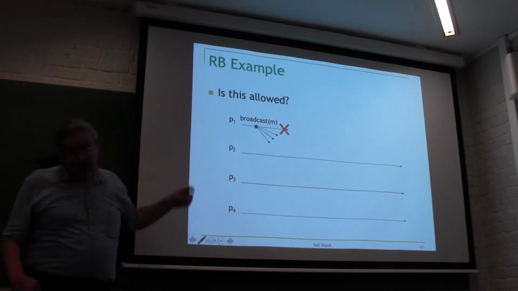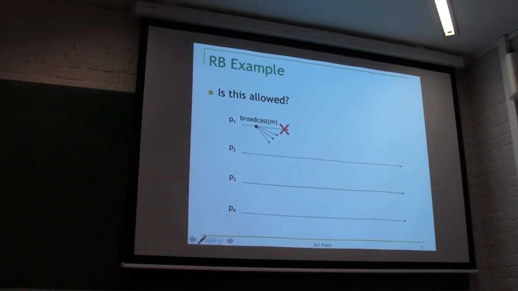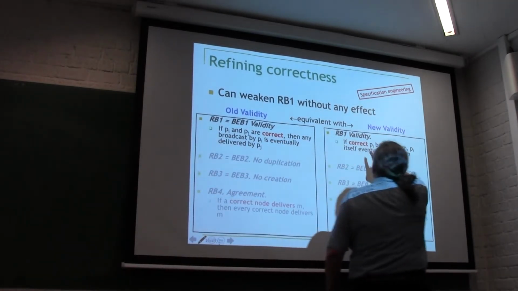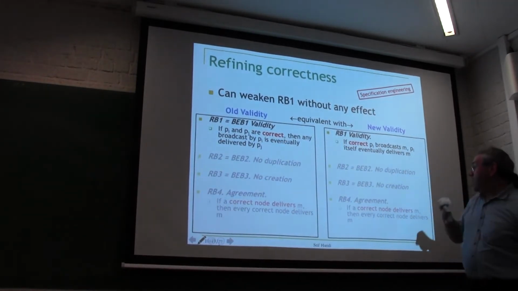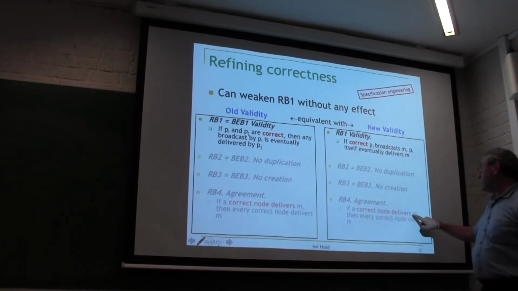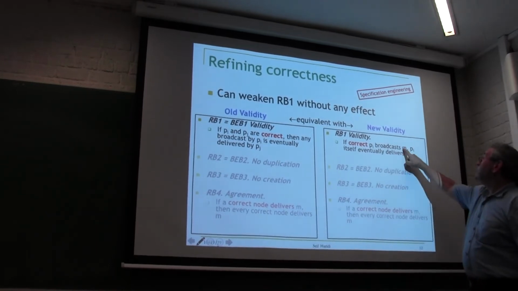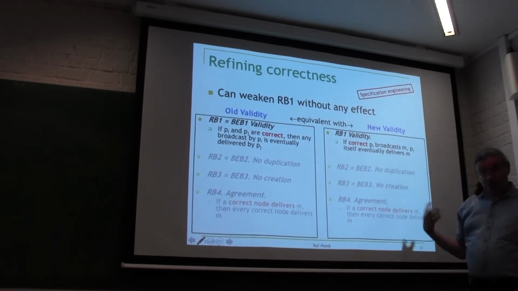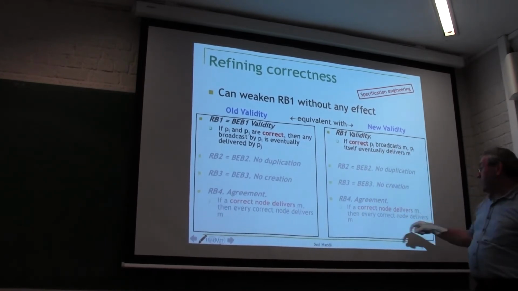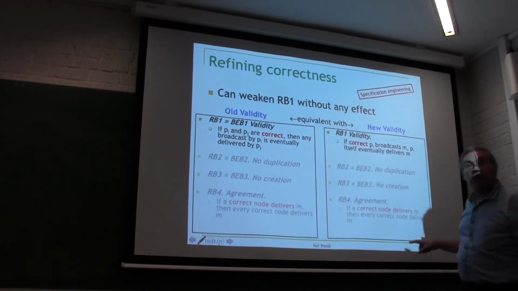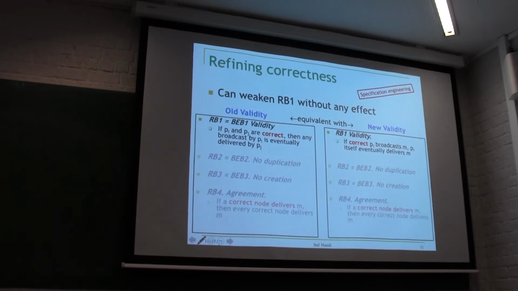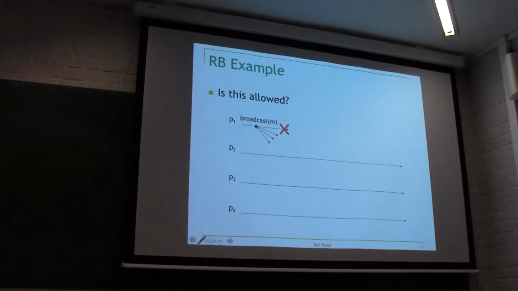Okay, well, we can actually take a look back. Here we have if a correct node broadcasts, but no correct node is broadcasting. Here we have if a correct node delivers, but no correct node is delivering. So those two conditions are vacuous.